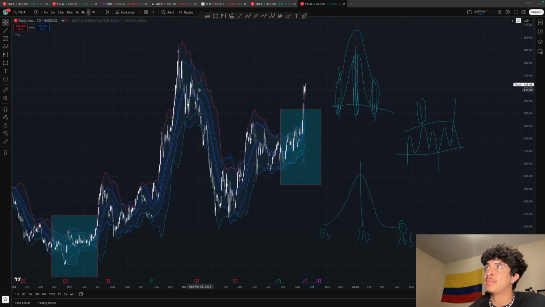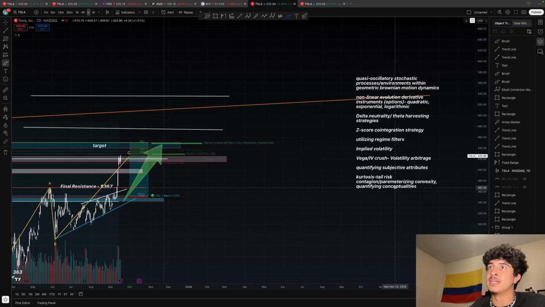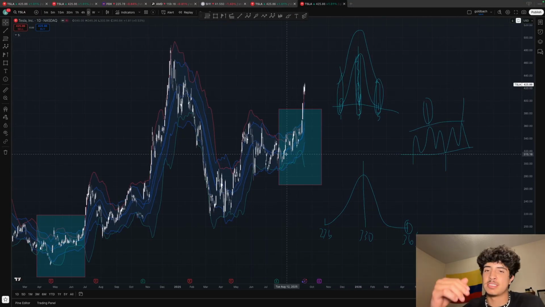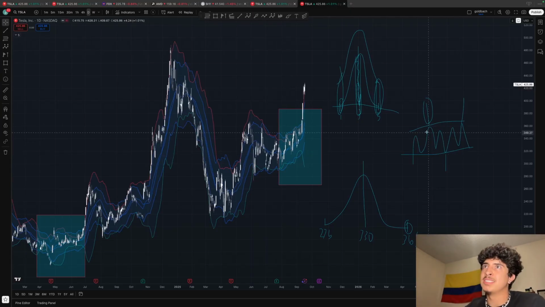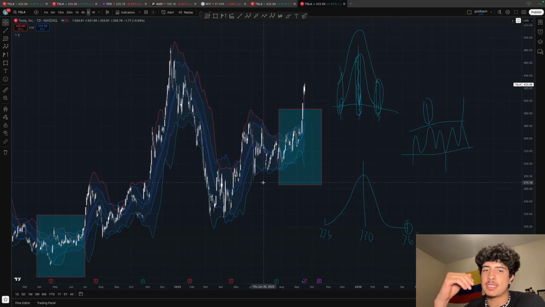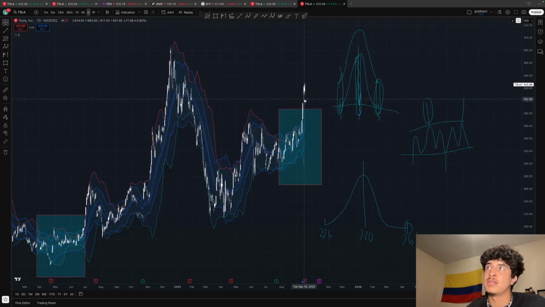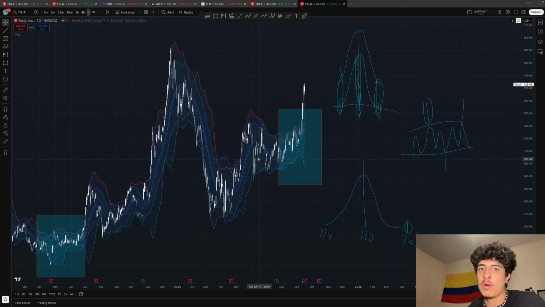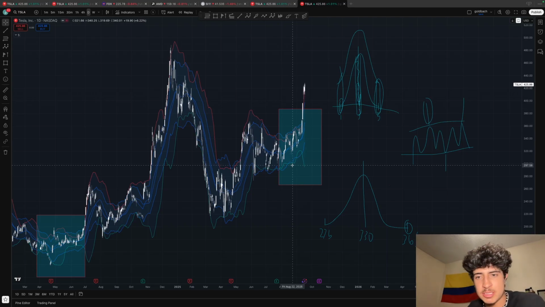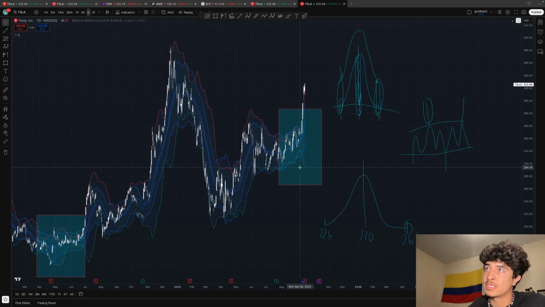So that is basically the whole idea of kurtosis. And tail risk contagion, that is not necessarily a measurement, but a concept of when these tail events happen, it causes a contagion of events. So this could bleed into the S&P 500 because it makes up such a large weight of it. This move alone could have caused the markets to go up, or a tail risk event could have caused people who have short positions to have to close because they're taking enormous losses.